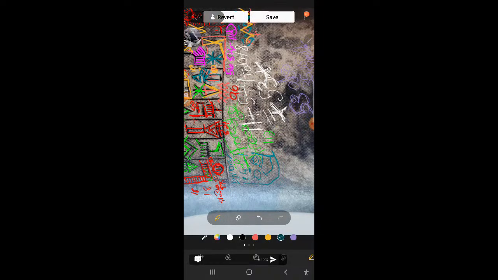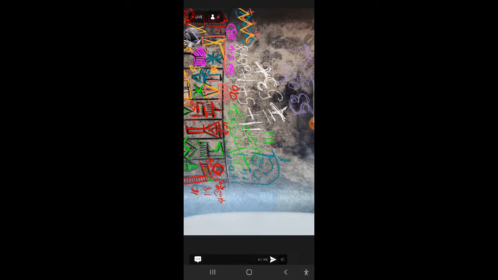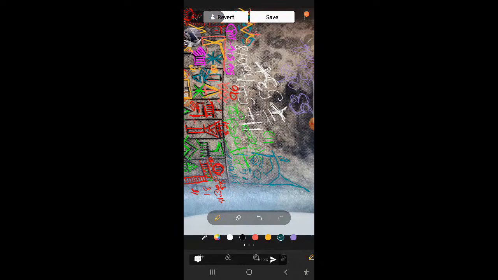I'm just tracing what I see. I mean, you have your own decisions of what you think it is. I happen to see things better than most people do, I think.